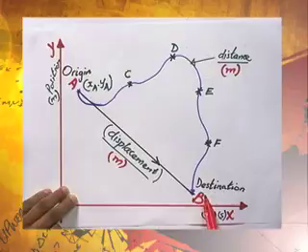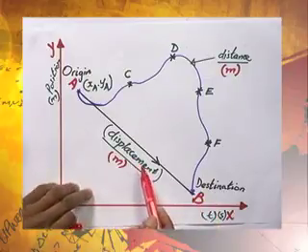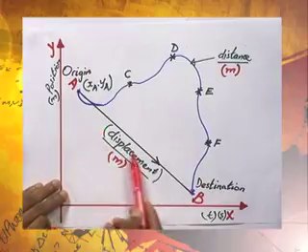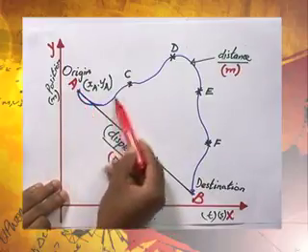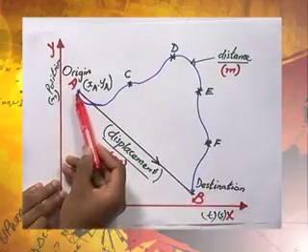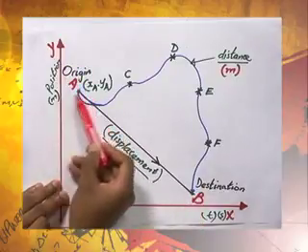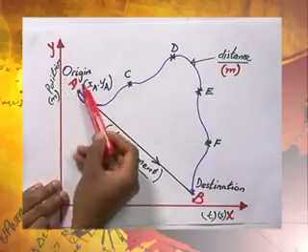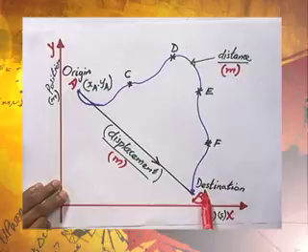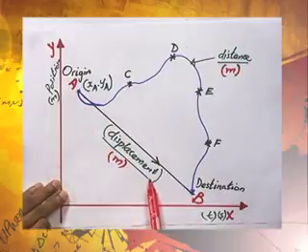Displacement, on the other hand, tells us, look, I'm not interested in how this object moved, but I'm interested in how this object changed position from position A to position B. That change in position is called displacement.